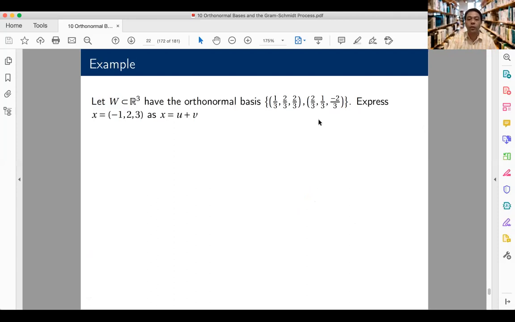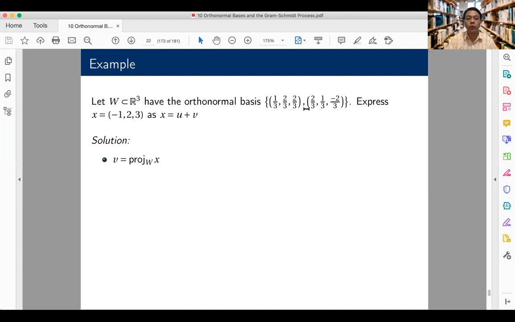So we want to express x here as a sum of u and v. Now, you can verify that this x can never be a linear combination of these two vectors. But we will skip that part.